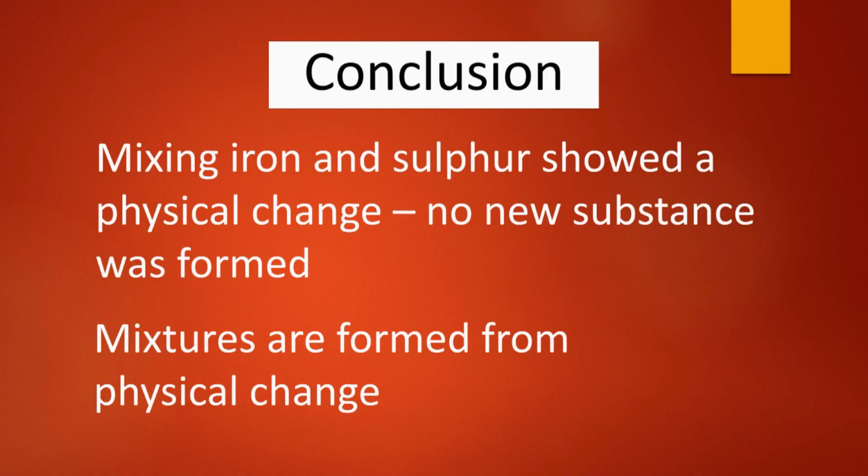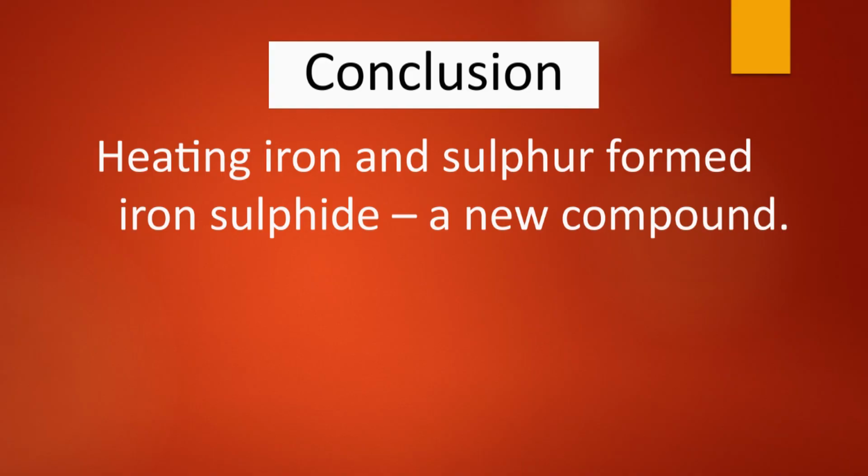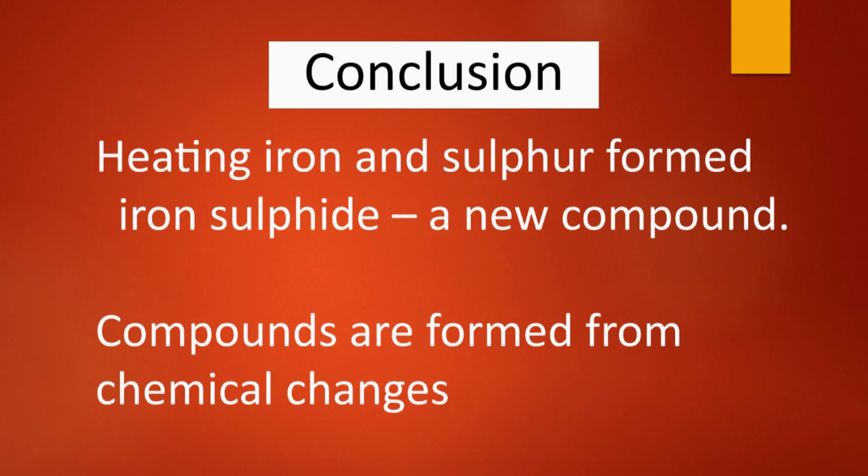So mixtures are formed from physical changes. Now, when we combined the two in this case and heated it, we got a new substance, and that substance is called a compound. We actually formed iron sulfide. So iron plus sulfur, when heated, formed iron sulfide, and that is a compound. And so compounds are formed from chemical changes.